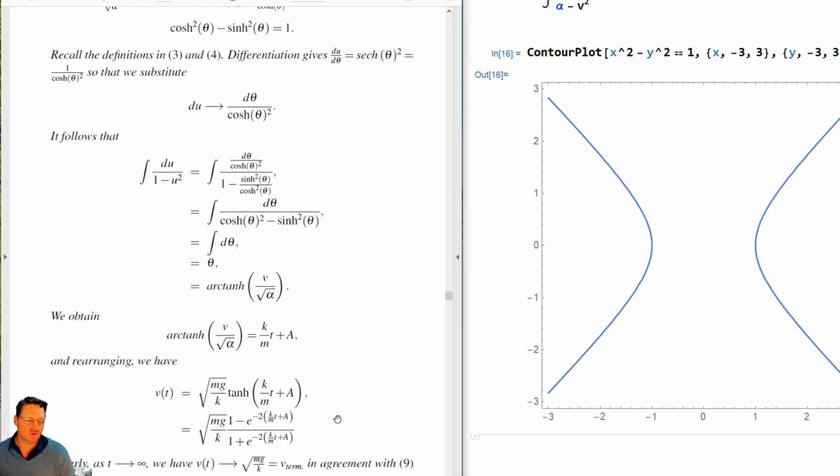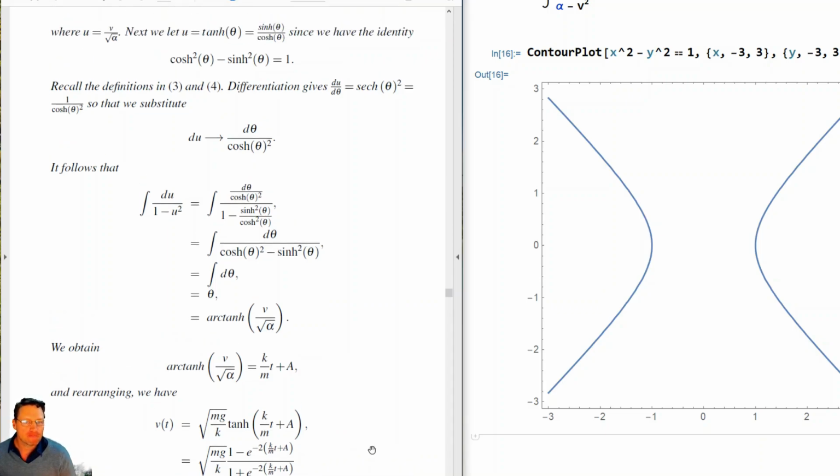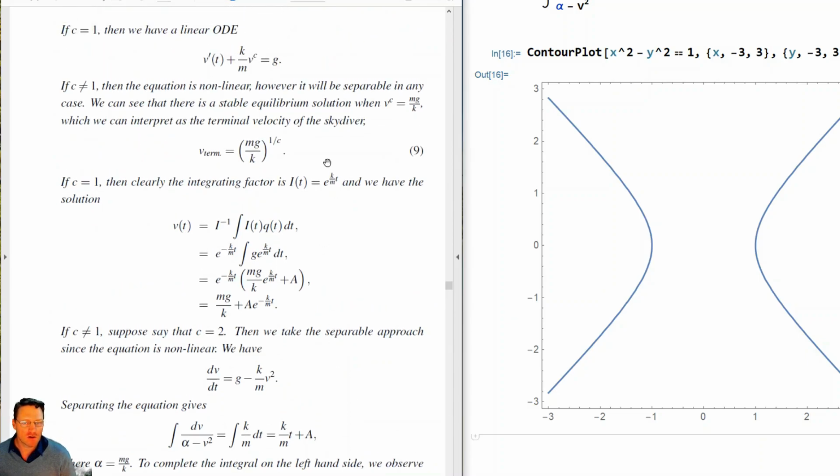Because if we go back to that equilibrium solution in equation 9 with c equal to 2, let's have a look. Remember, equation 9 says terminal velocity is supposed to be mg over k to the power of 1 over c. Now with the c equals 2 case, we've just got a half, which would say that this is the square root of mg over k.